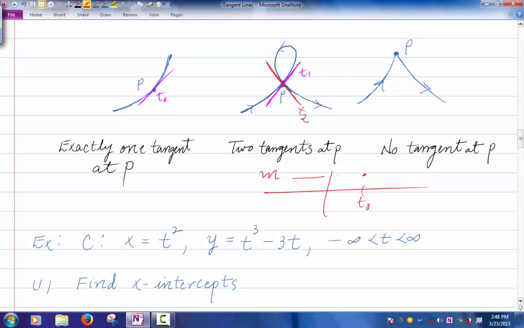So until you get to that point, the slopes are positive. But all of a sudden, something happens at t0. After t0, the slope becomes negative, right? So if you look at the graph of the slopes, there is a jump at t0. Is that making sense? Before t0, the slopes are positive. After t0, the slopes are negative.